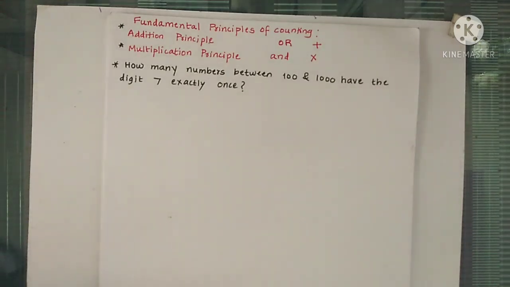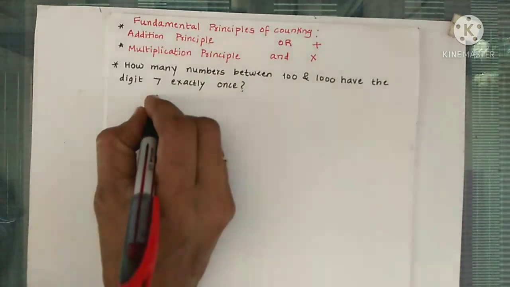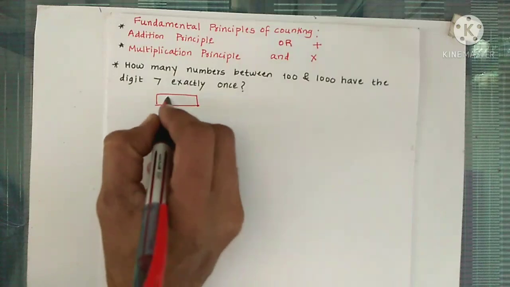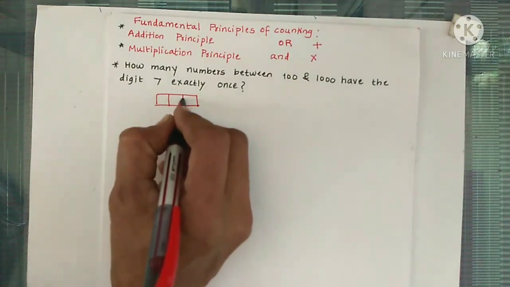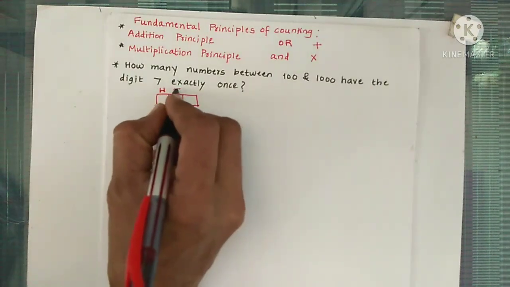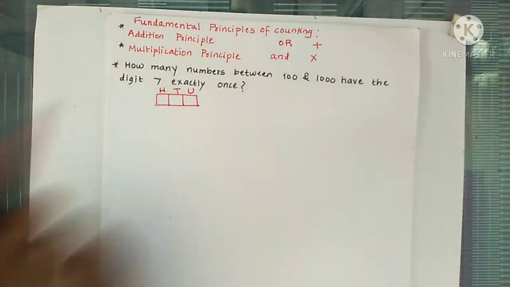So first of all, let's solve this question. How many numbers between 100 and 1000 have the digit 7 exactly once? Okay, so 100 to 1000, that means the number is a 3-digit number. So we want to form a 3-digit number between 100 and 1000, and we have to fill this hundreds place, tens place, and units place.